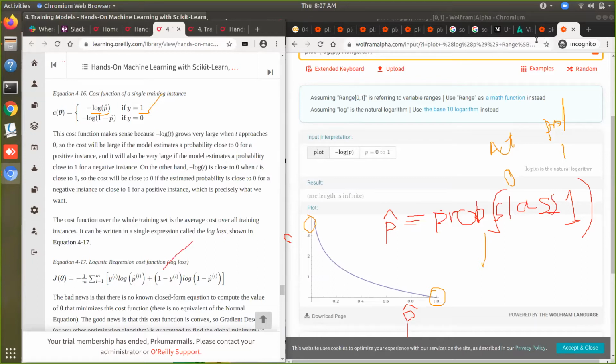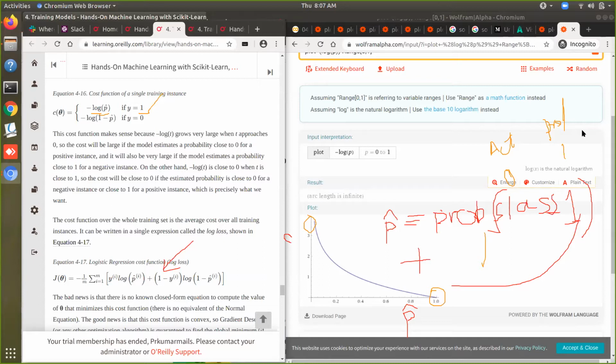If you look at this function J of theta, that's the cost function summed over all the examples, and it's just a sum of functions that look like this plus functions that look like this. The sum of two convex functions is also convex, and so is the sum of all of these things. It is a simple sum, because y is always either 1 or 0.